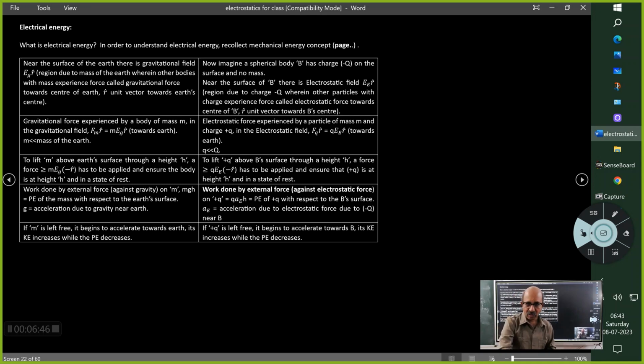Now, in order to make this duster come up here, what should I do? I have to pull this duster up. I have to apply force in the upward direction, then only it will come up. I have to apply force in the upward direction against the gravitational pull, against the gravitational force. Got it?